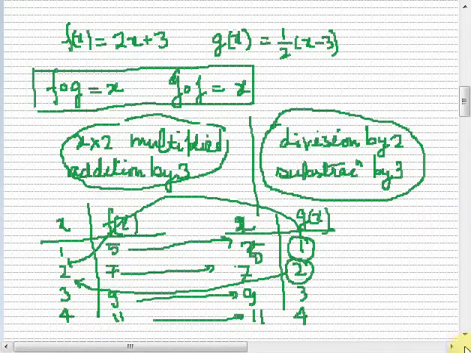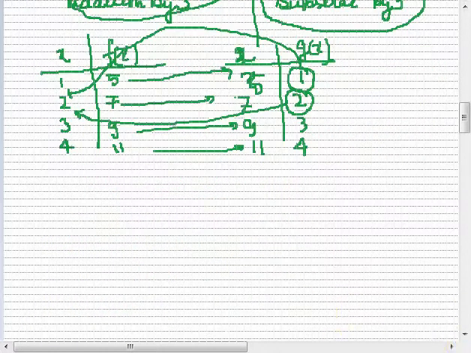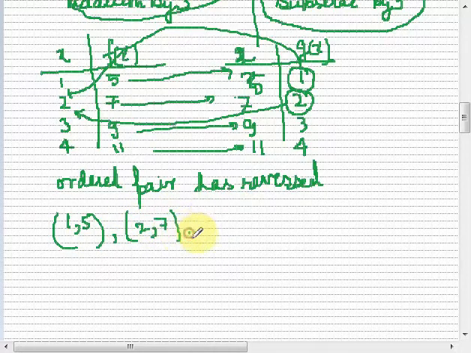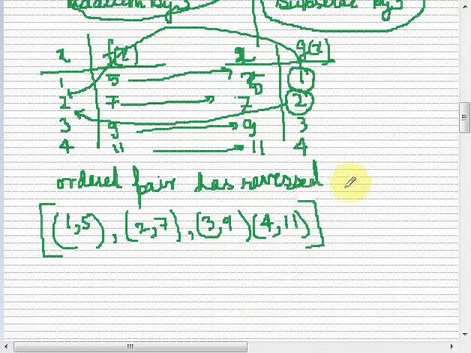So what is the outcome? That is, the ordered pair has reversed. What is the meaning of ordered pair reversed? In fx, the ordered pairs were (1, 5), (2, 7), (3, 9), (4, 11). This was the relation, the function's ordered pairs in fx.